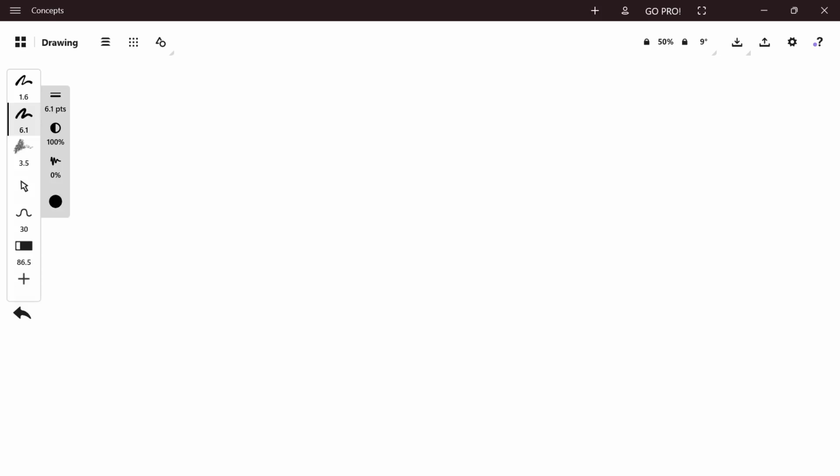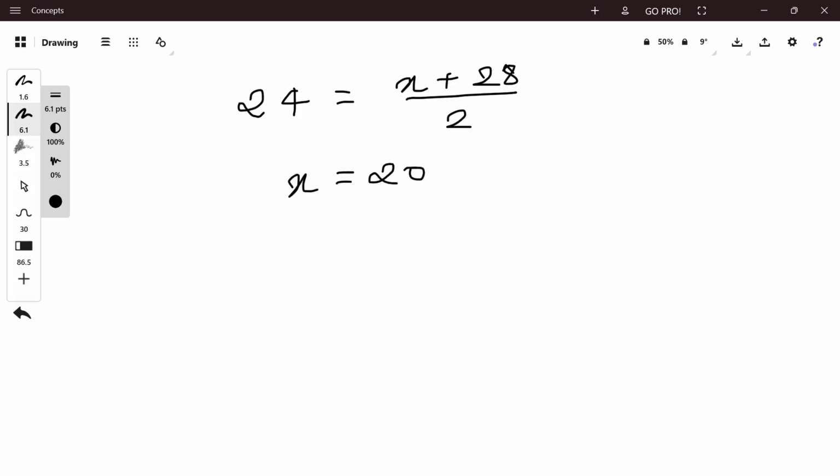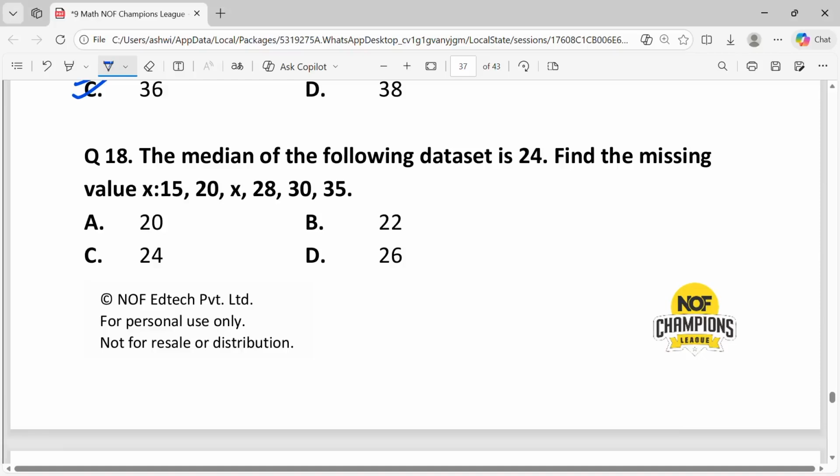The median is the average of the two middle terms, which are the third and fourth terms. Given the median is 24, the third and fourth terms are x and 28. We have 24 is equal to (x plus 28) upon 2. Solving, x is equal to 20. From the given options, the answer is A, 20.